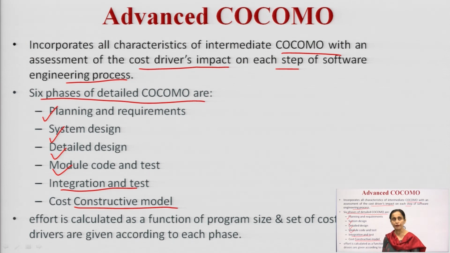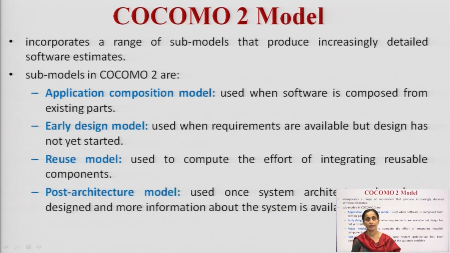Here my effort is calculated as a function of program size and a set of these cost drivers, which are given to us for every phase. These cost drivers need to be incorporated into the effort and development time as a function of every phase.